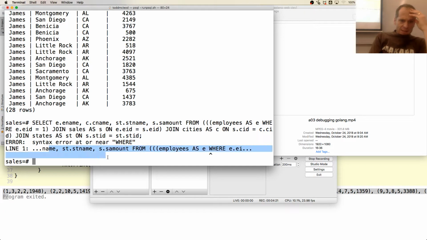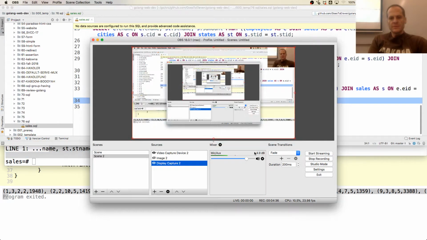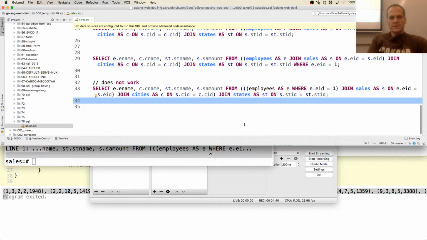Name, name, amount, from employees as E, where. Yeah, so it's not liking the where there. It's a where join, right? Well, there isn't a where join. It's a where filtering. Like this would work.